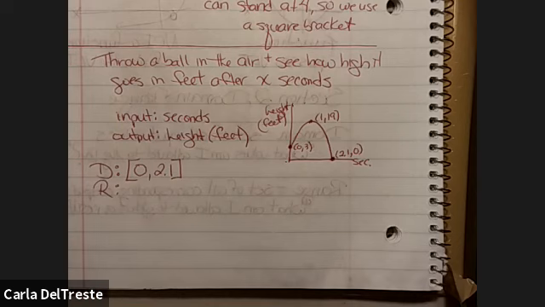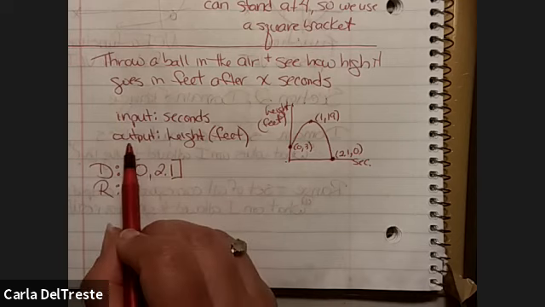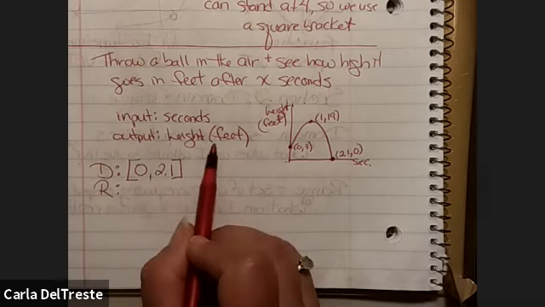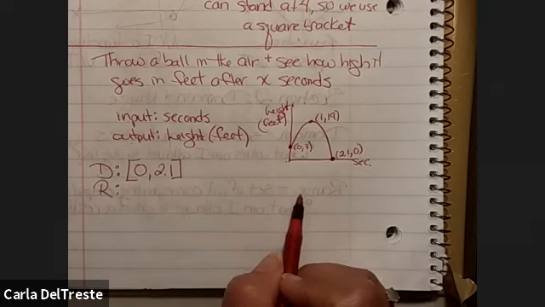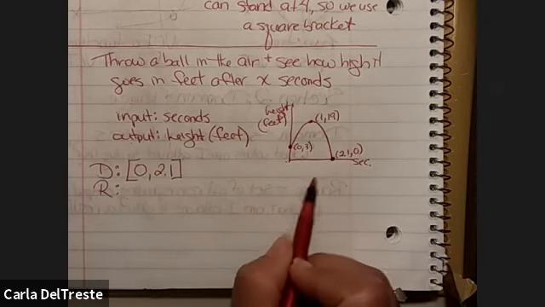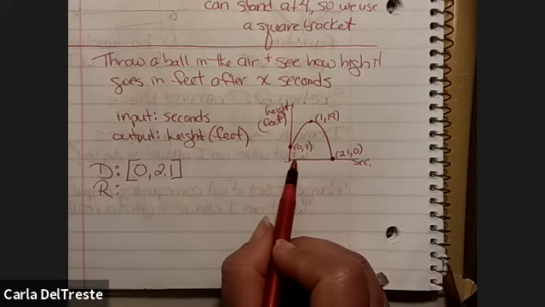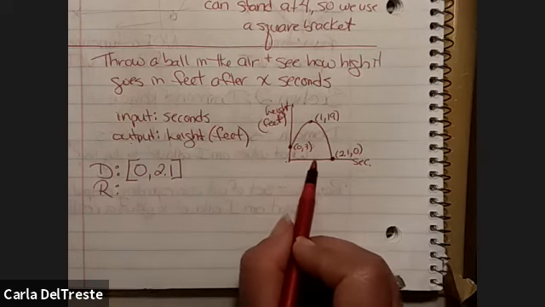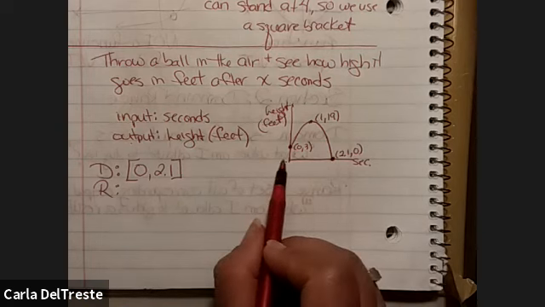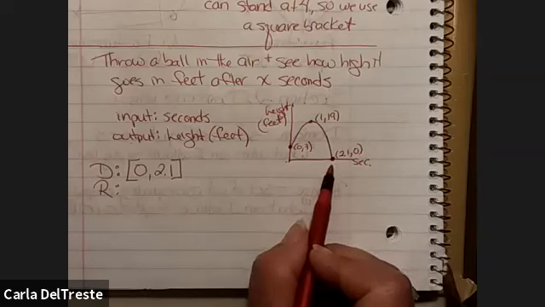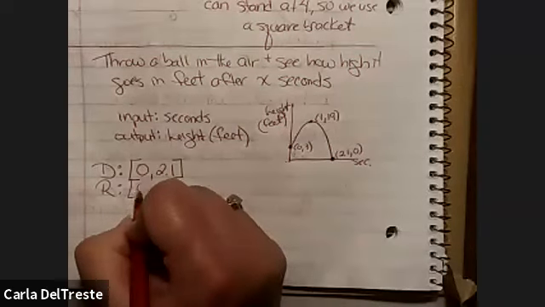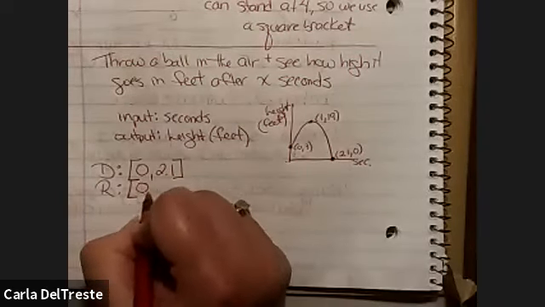What about the range? Well, remember, range is corresponding to output, which is feet. We said that this is not going to go underground, okay? So I'm not going to see the ball unless I'm at 0 feet, okay? That's the ground. So 0 feet is as low as it could go.